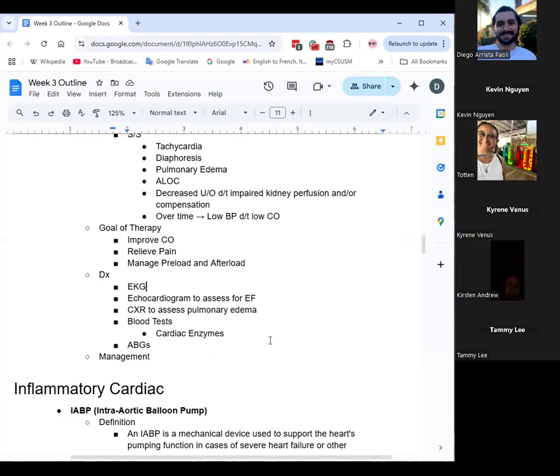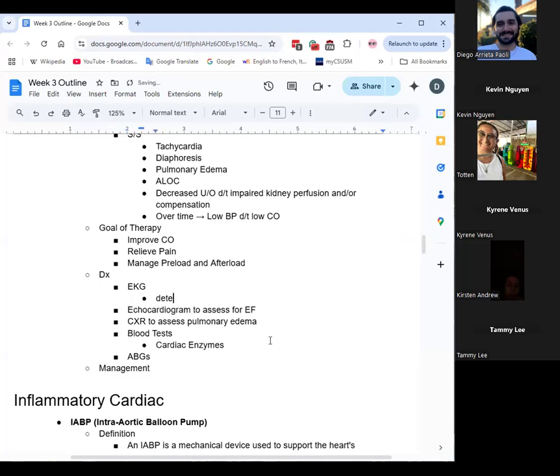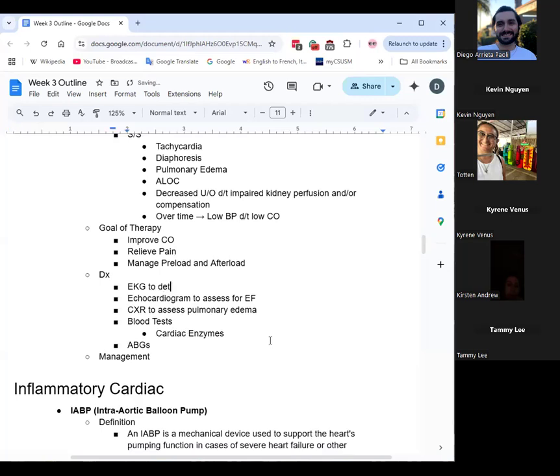And then some people might have chronic ST elevation due to past MI or heart damage, so things to keep in mind. ST depression could be for ischemia, or the ST segment could be normal or even slightly depressed.